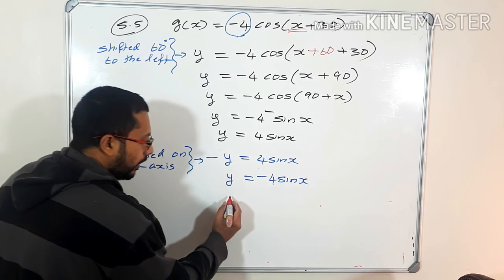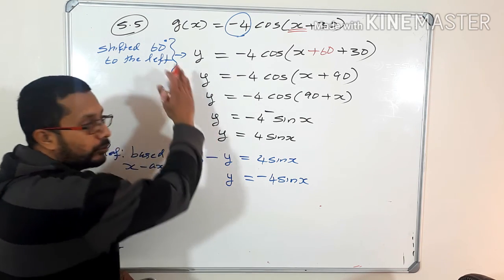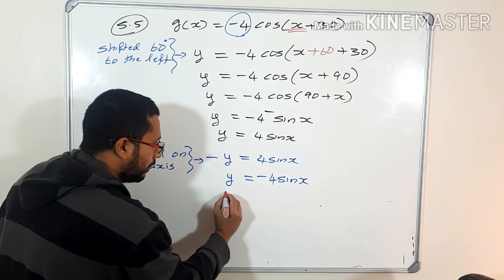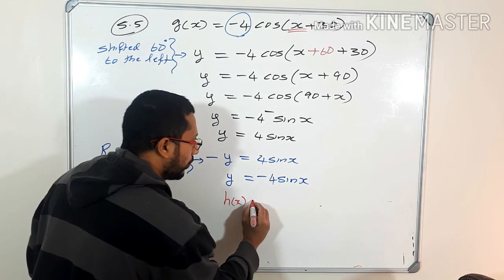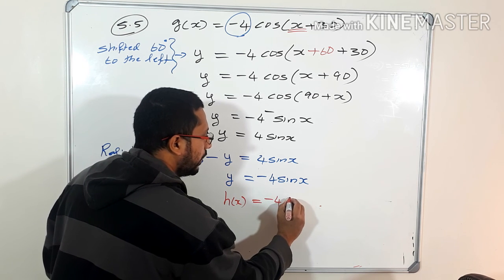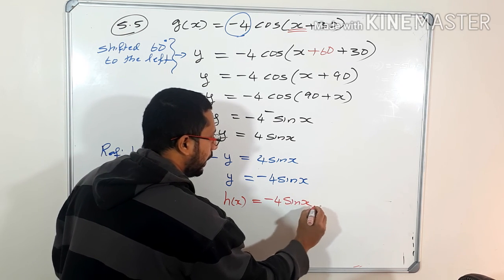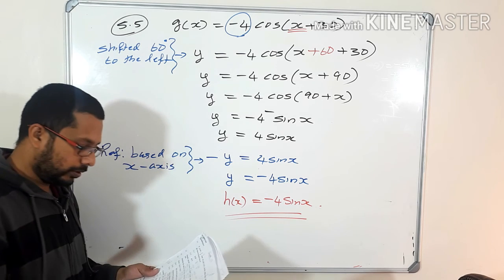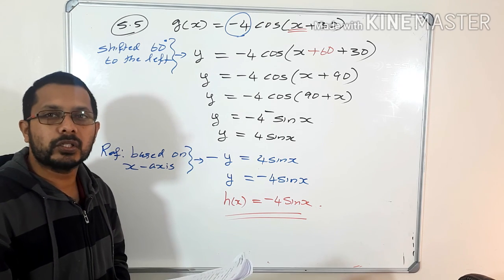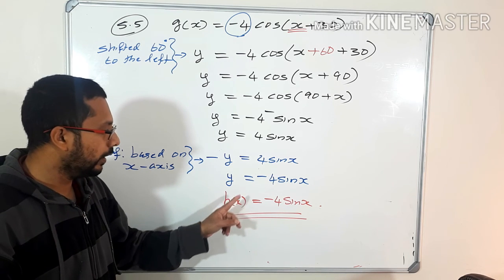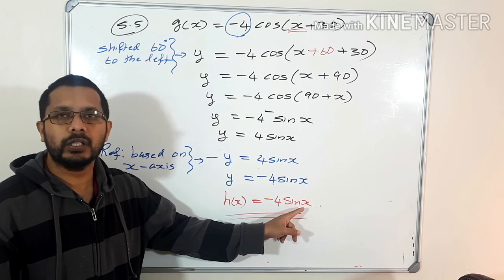So this y, the new equation after the two types of transformation, they call h of x. So what is h of x? H of x is equal to minus 4 sine x. So look at the question. Determine the equation of h in its simplest form. So what is our h of x? H of x is equal to minus 4 sine x.